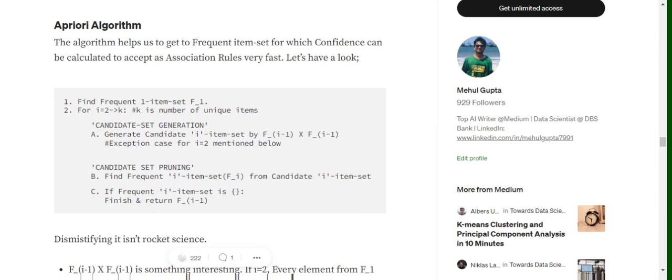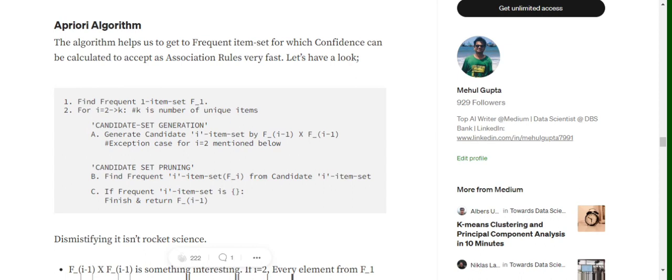Starting from 2, we would be generating the candidate set from the previous frequent sets. If i equals 2, we would be considering the frequent one item set. If i equals 3, we would be considering the frequent two item set. If i equals 4, we would be considering the frequent three item set, and we would be cross joining them together to form a new combination.